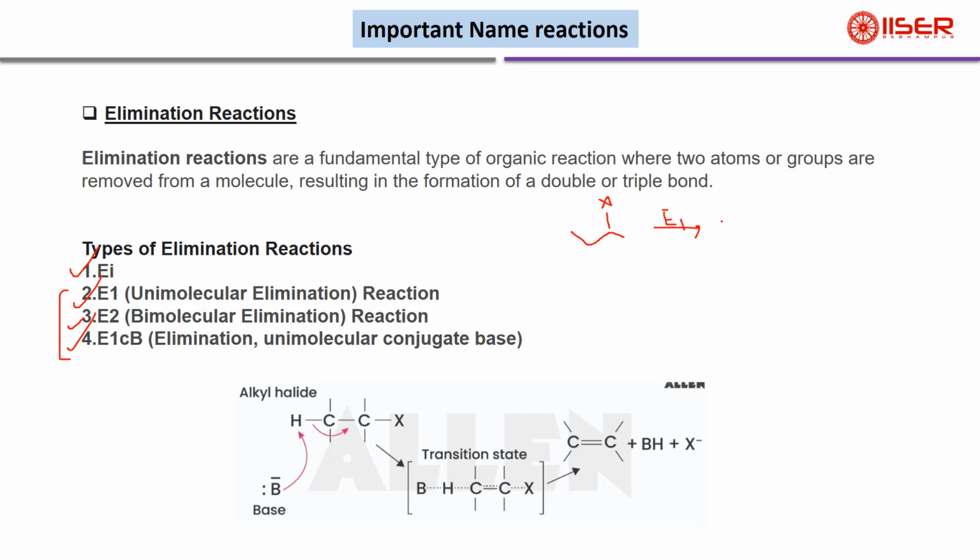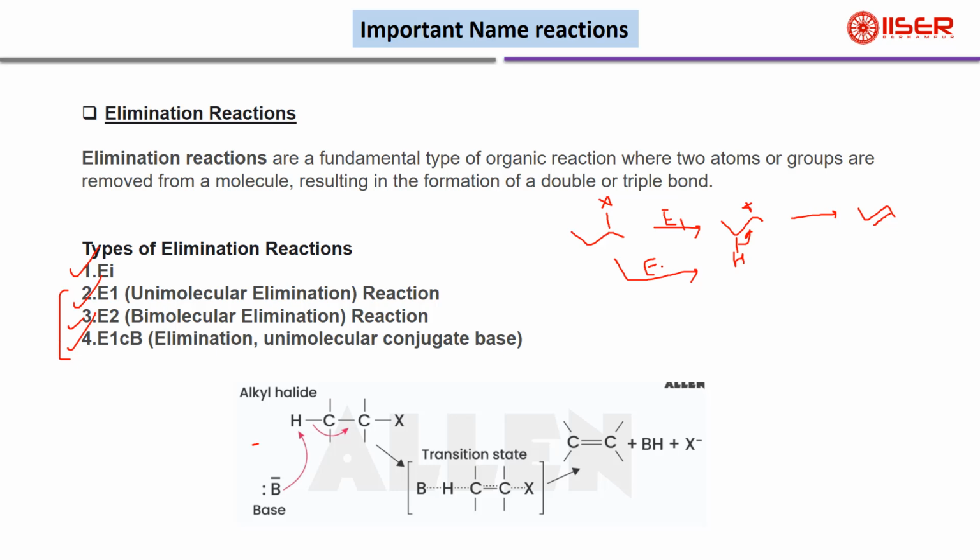That means in the first step the leaving group will leave from the system, and in the second step the H from the adjacent carbon will be eliminated and give us the alkene.